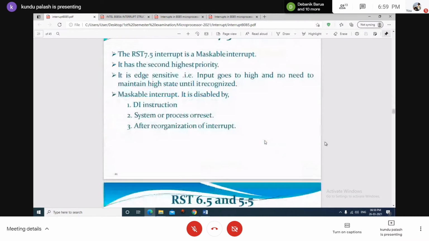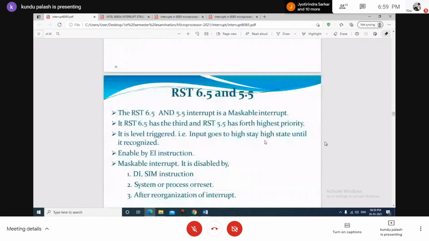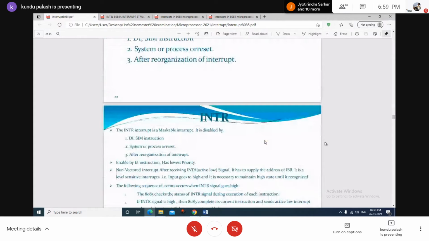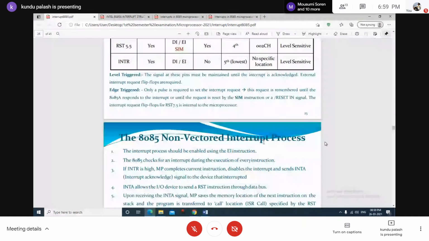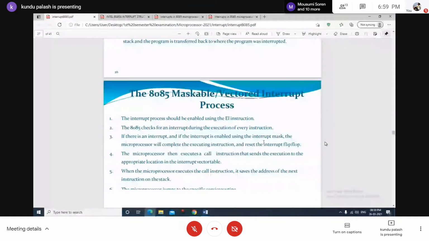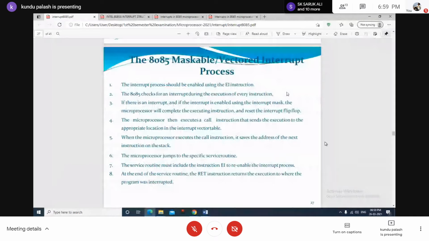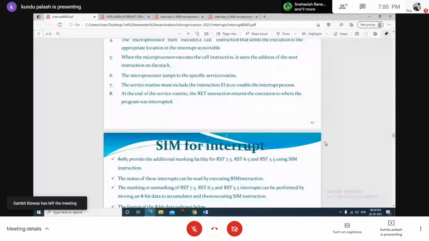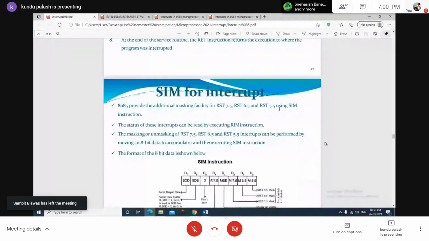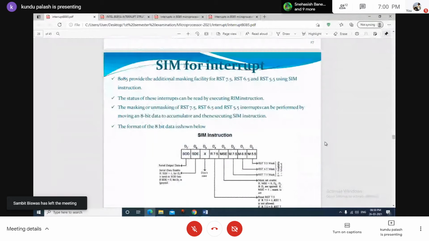How will the masking operation be done? With the help of an instruction as well as an internal control unit called the mask register. First of all, masking can be done by a single-byte instruction, SIM, set interrupt mask.